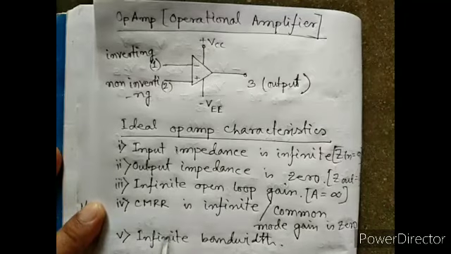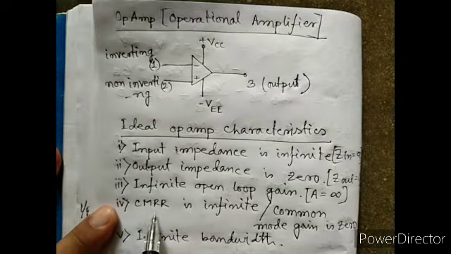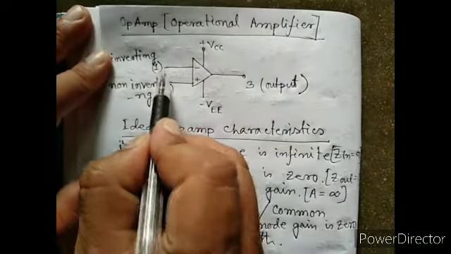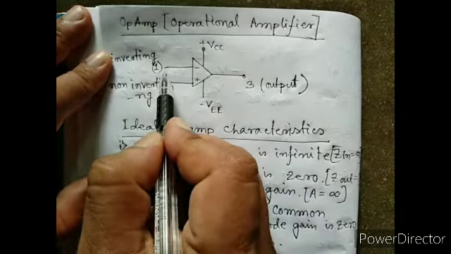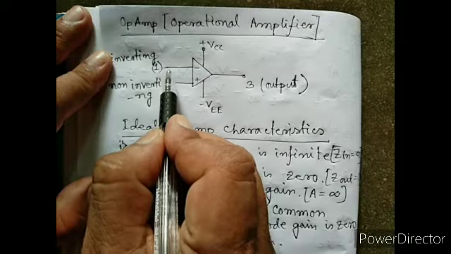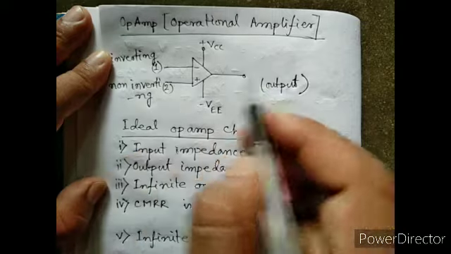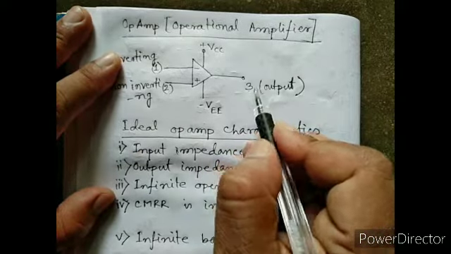That means if the inputs of these two terminals are same, suppose VCM is the input of terminal 1 and terminal 2, then output will be 0.